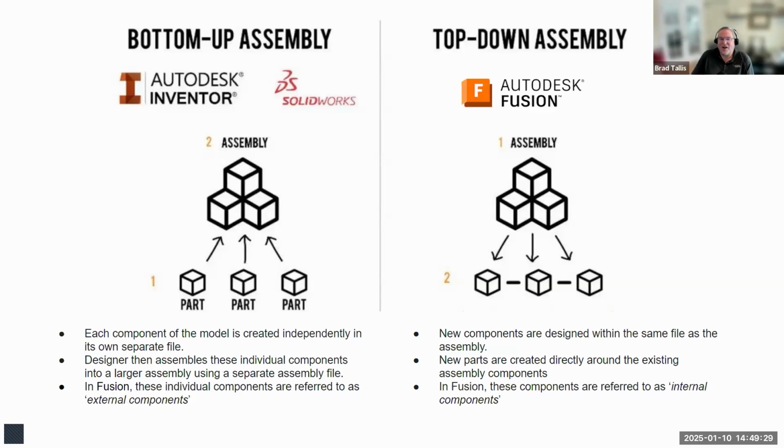Now there are pros and cons with both methods. The bottom-up advantages, I have some notes here. They allow you to reuse individual components in other projects, like I mentioned with the pool table pockets, which promotes design efficiency and consistency.